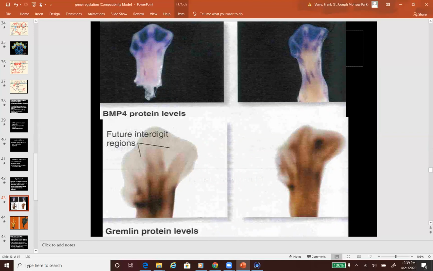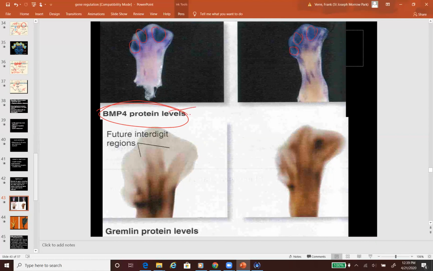In the top slide you're seeing a dye that is used to show you where a protein, called BMP4, is being expressed. These dyes allow us to visualize the protein. You see all this purple? This tells us that BMP4 is working in these regions of this bird's limb.